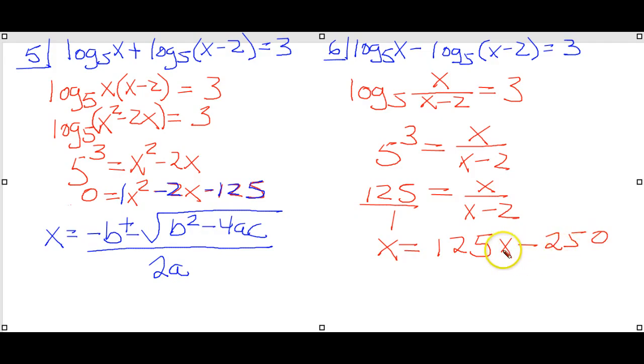Now, a couple of ways to do it. We could move this x over to this side because this then becomes a 124x. Move this over to this side, it becomes a positive 250. And we then divide both sides by 124.